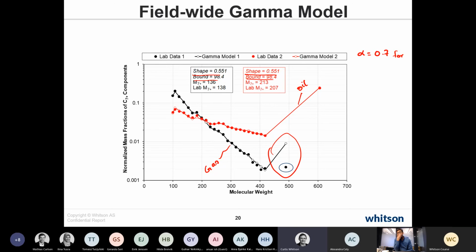The other is that you simply use the laboratory data. You get all this extended data, and you only use the gamma modeling to identify problems with the GC data and correct those problems offline.